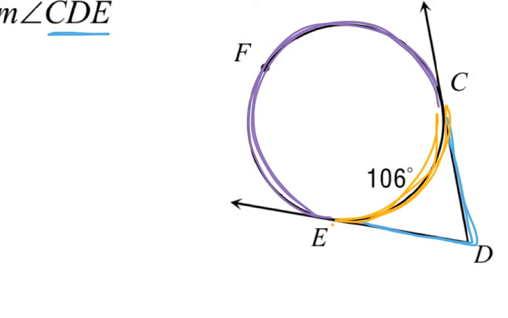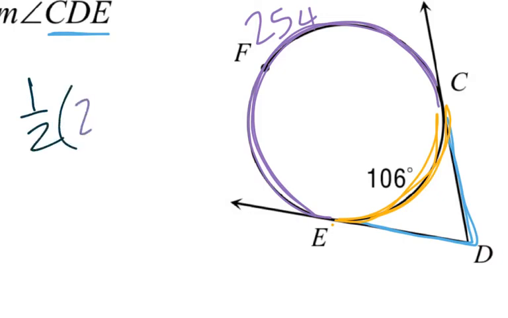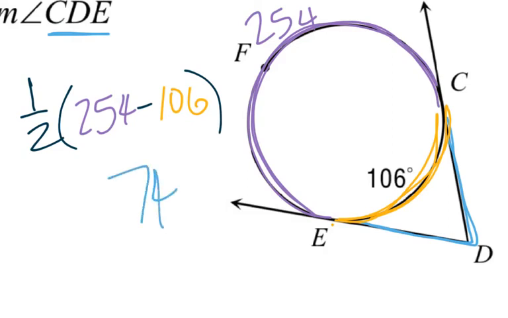So if I do 360 minus 106, I get that that purple arc is 254. And now I have enough information. So 1/2 of 254 minus the little one, 106. And I got that that was 74 again.